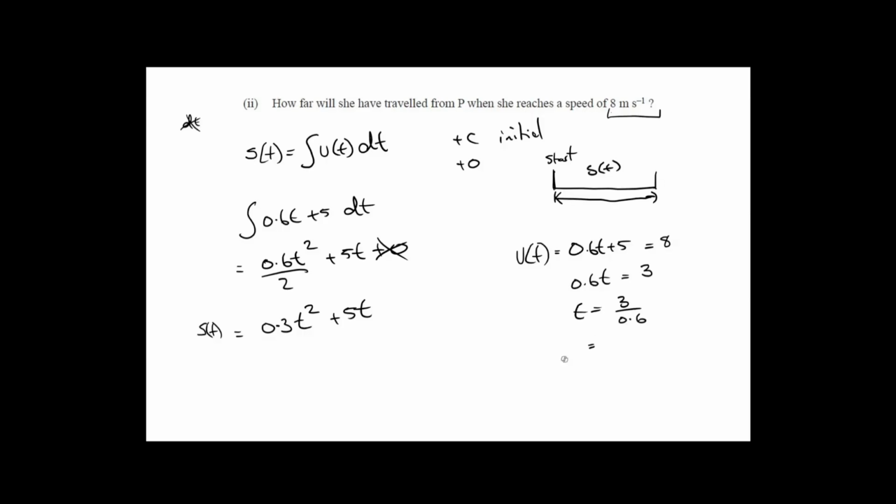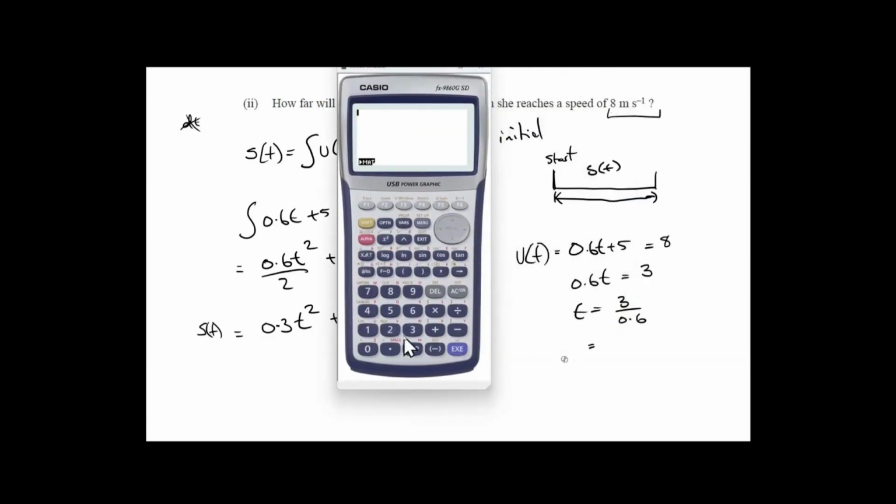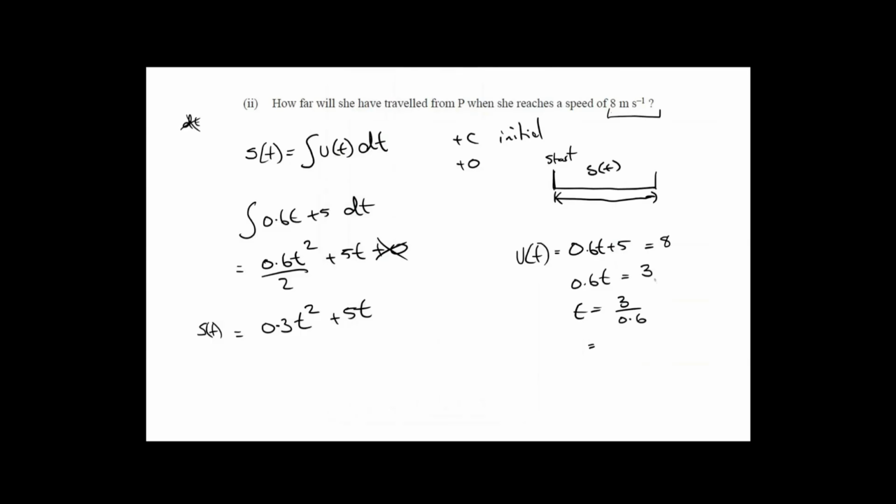I think I know what that is, but I'm not going to guess. So 3 divided by 0.6 is 5. So after 5 seconds. Then we could come along here and plug in 5 here and here, and we're going to find the distance that she's covered. So 0.3 times 5 squared plus 5 times 5.